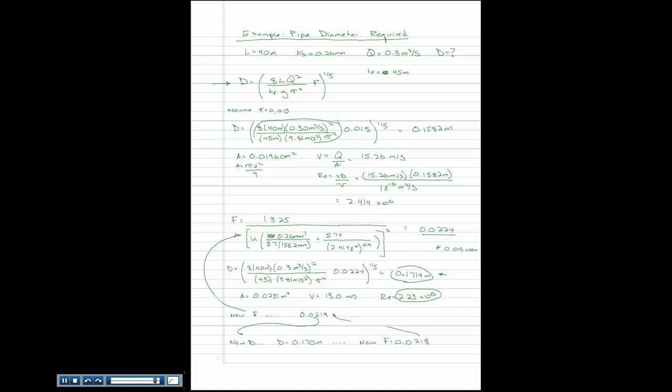So finally we know that we can stop iterating, and that the diameter of pipe needed to get 300 liters per second through a pipeline of 40 meters made out of iron that has an epsilon of 0.26, and ensure that there's 45 meters of head loss, is with that diameter of pipe. And that concludes this example.